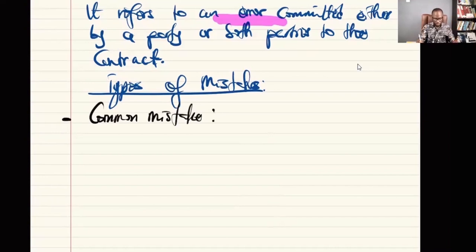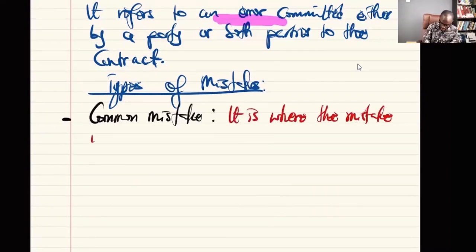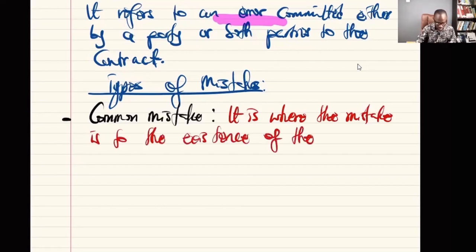Common mistake is where the mistake is as to the existence of the subject matter. So, like I said, I'm selling a phone. Then you said, okay, I'll buy for 2,000. You send the money, then I do delivery for you. You open it, it's a Samsung.